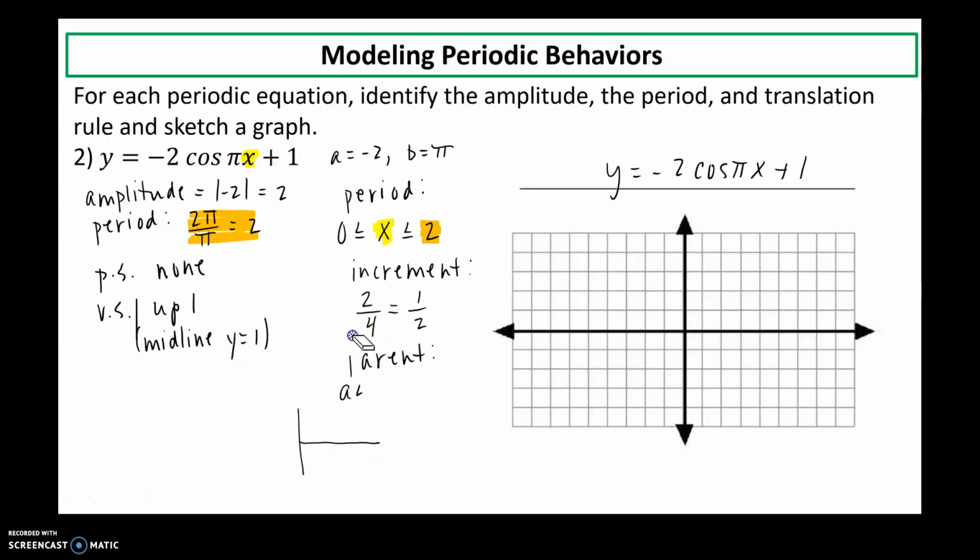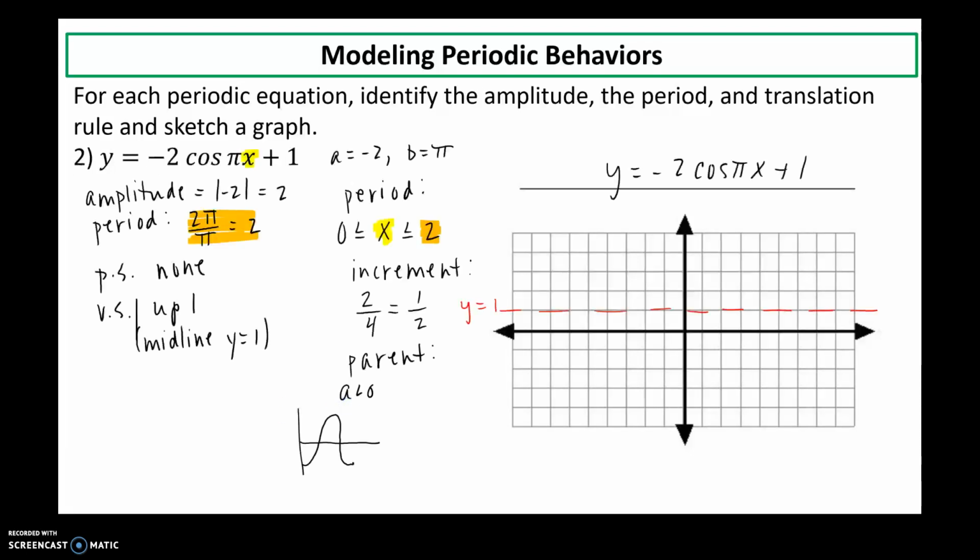So let me take all these things out of here. Okay, so it's a reflection of the parent function. So I'm going to start and end at the negative value, below the midline. Okay, so let's graph. Y is equal to 1, my midline. I'm going to put a dotted horizontal line there.